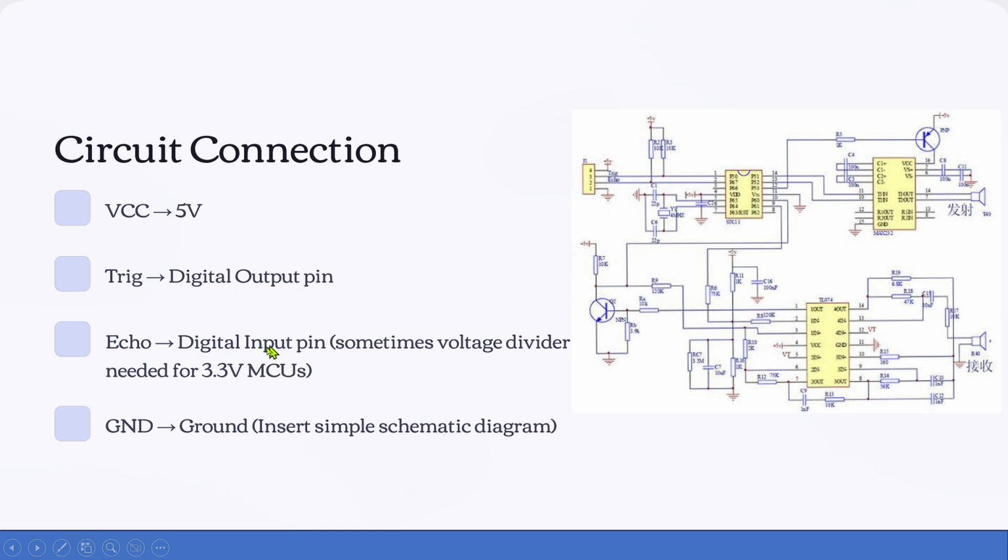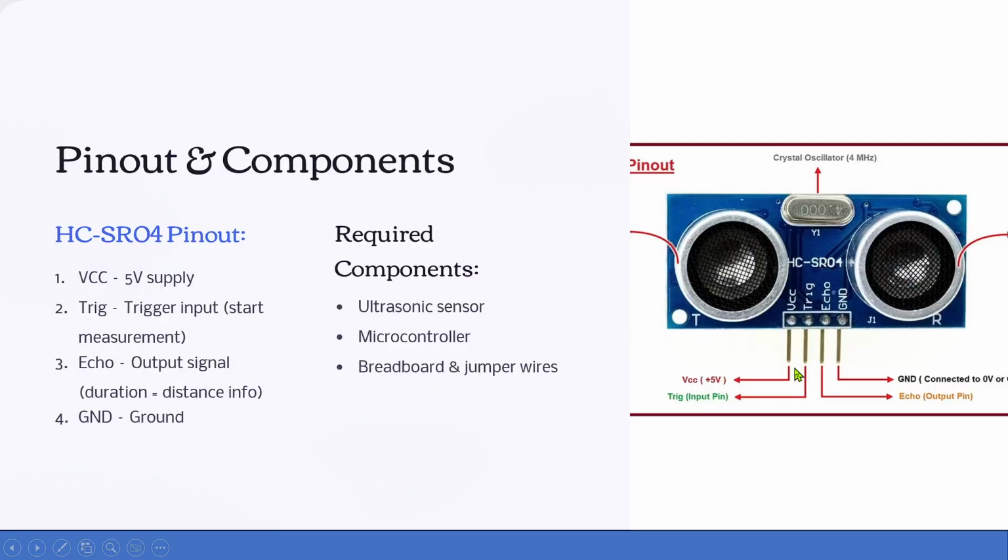And echo means that is a digital input pin, so we need to receive that signal. This diagram shows trig as input, but actually trig is output, echo is input. I initially got confused on this one, so don't consider this diagram, okay.